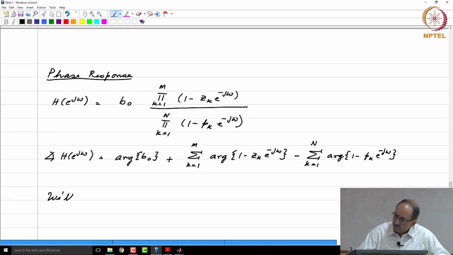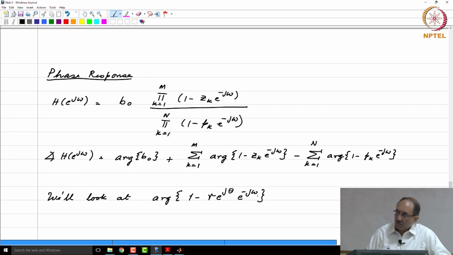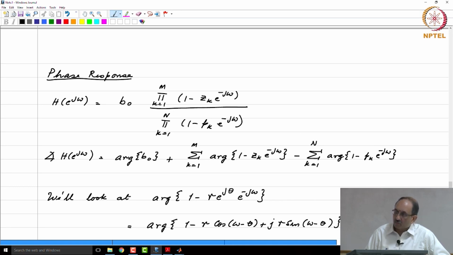Therefore, we look at the argument of 1 minus, let us take the 0 to be at r e^{jθ}, times e^{−jω}, and this of course is arg of (1 − r cos(ω − θ) + j r sin(ω − θ)).